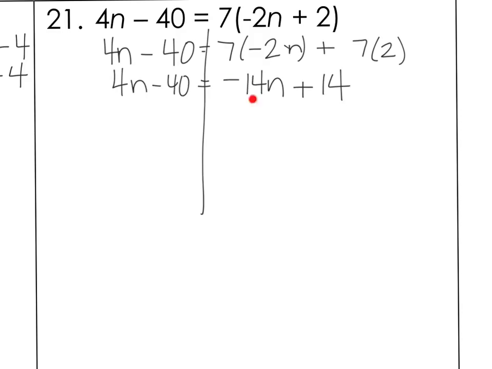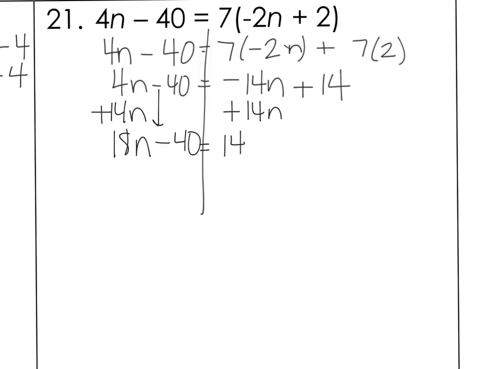If this is negative 14n, if you add 14n, then you end up on the left with a positive 18n minus 40 equals 14. Now we are at a two-step equation.